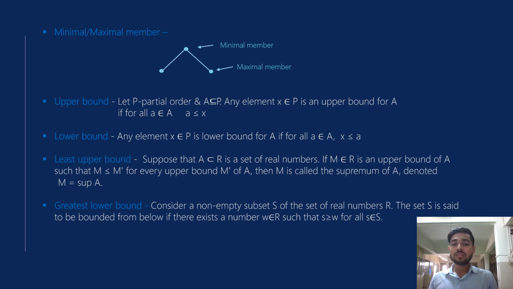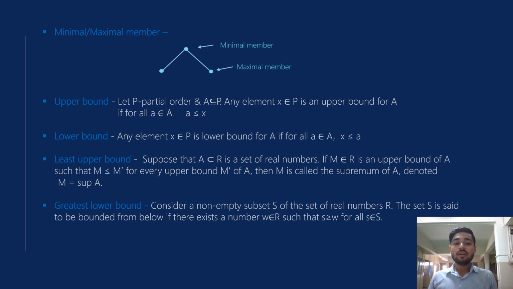Least upper bound: suppose that A is a subset of R, the set of real numbers. If M belonging to the R is an upper bound of A such that M is related to M bar for every upper bound M bar of A, then M is called the supremum of A, denoted by sup A.